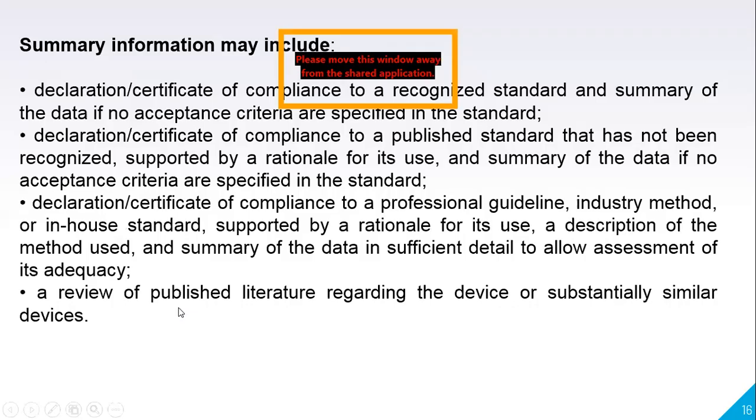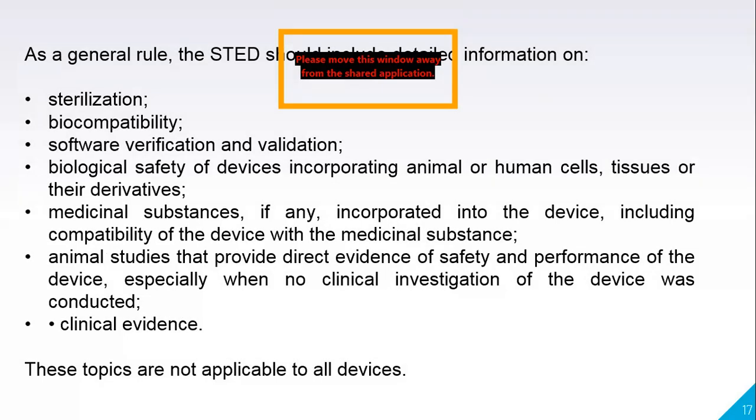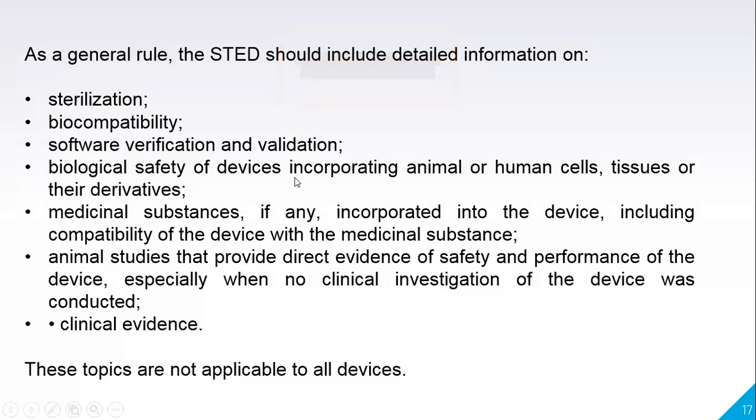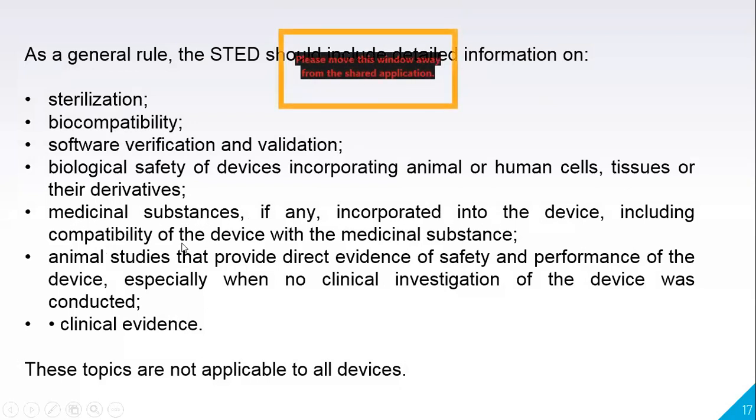So the summary information, as a general rule: STED also has information on sterilization, biocompatibility, software verification and validation, biological safety of devices incorporating animal or human cells, tissues, or other derivatives, and medicinal substances, if any, incorporated into the devices, including the compatibility of the device with the medicinal substances.